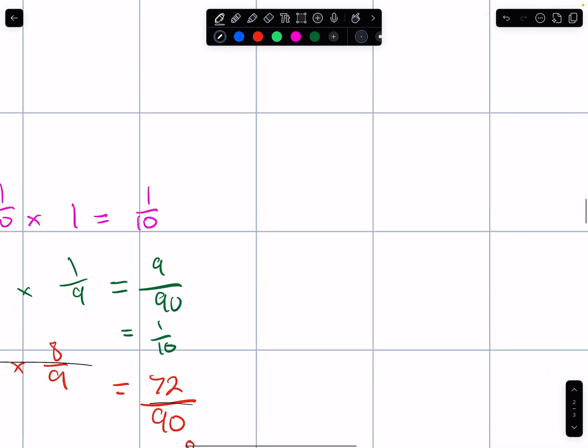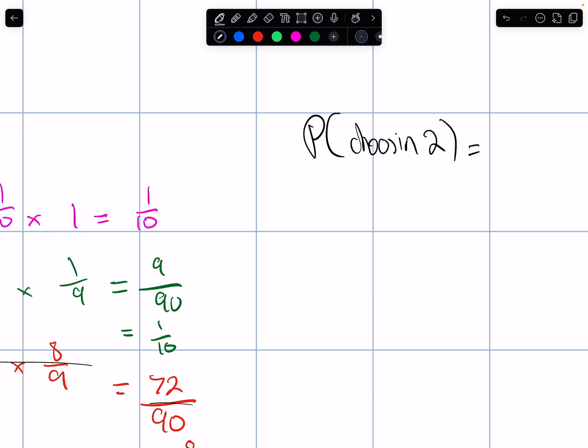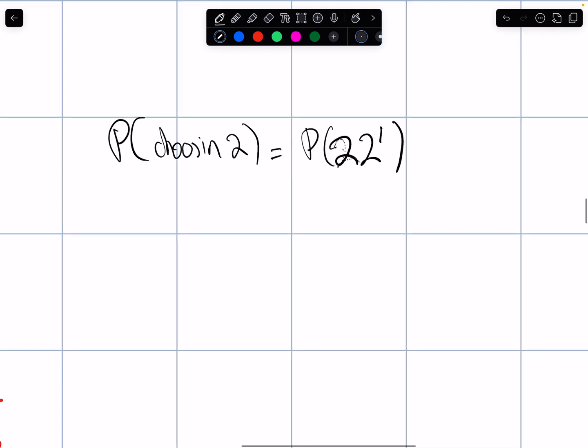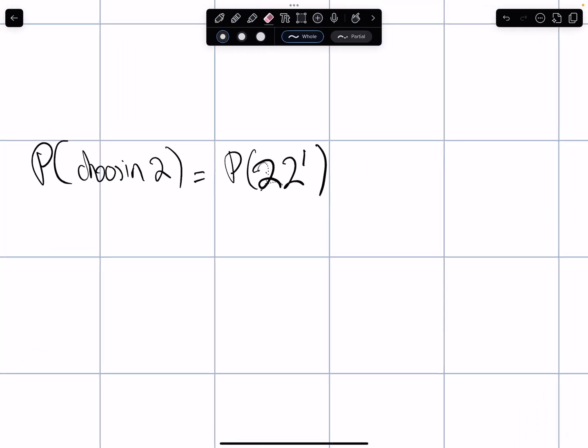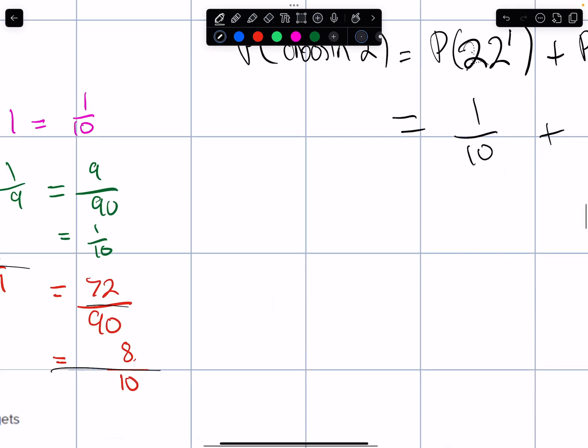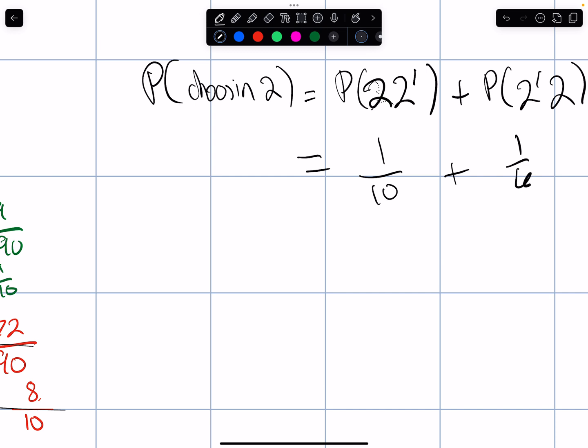So the probability of choosing a 2 is equal to the probability of a 2 and then not a 2, plus the probability of choosing not a 2 and then choosing a 2, which is equal to 1 out of 10, so we calculated, plus 1 out of 10, which is 2 out of 10.